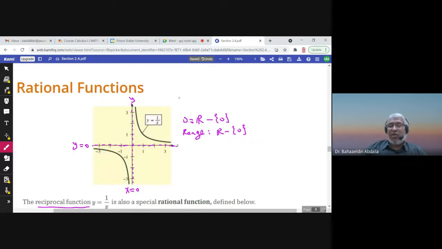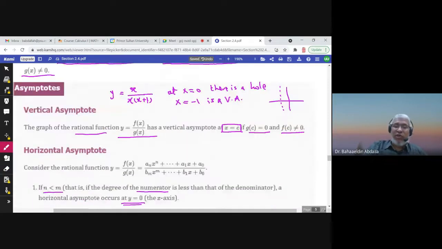Any constant has degree 0 because it's 1 times x to the power 0, and x to the power 0 is 1. So 1 is a polynomial of degree 0, x is a polynomial of degree 1. So the degree of the numerator is less than the degree of the denominator. So the line y equals 0, as we have seen, is the horizontal asymptote of this function.